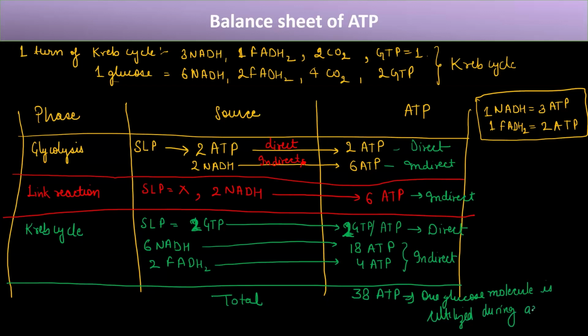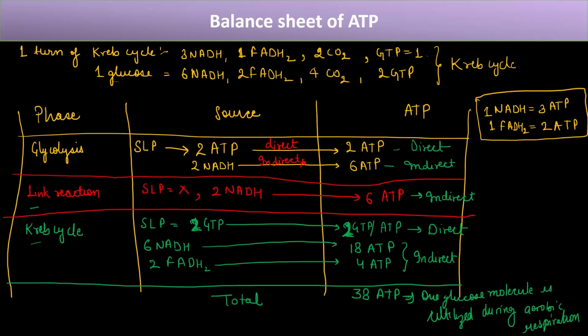Only in aerobic respiration do the link reaction and Krebs cycle happen, right? So during aerobic respiration, 38 ATPs are formed from one glucose molecule.